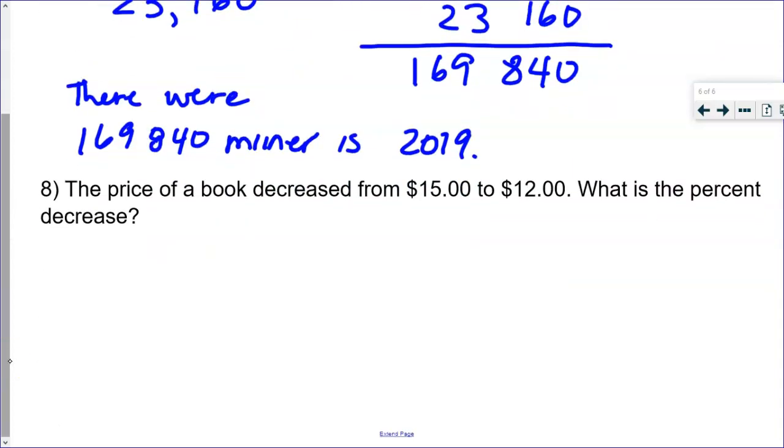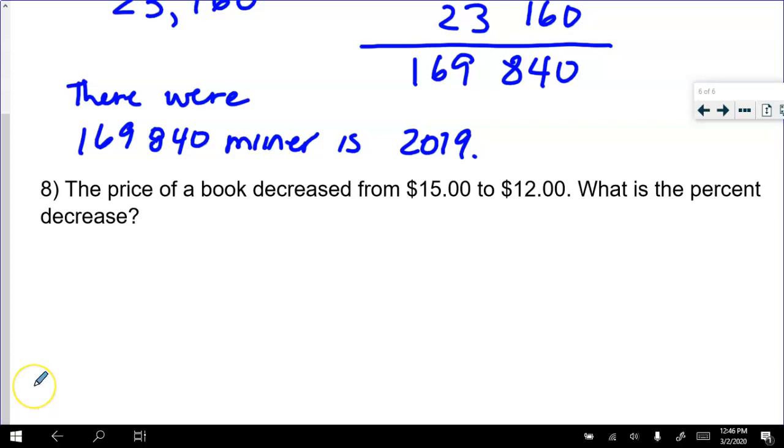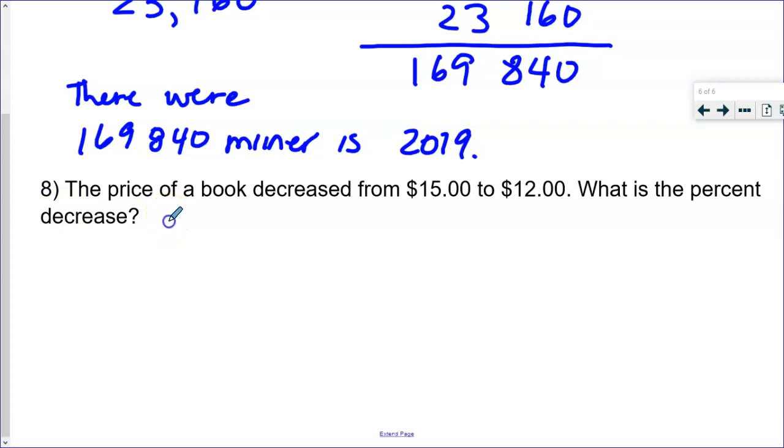The price of a book decreased from $15 to $12. Now this is our amount of change one. Okay, so we're trying to find a change here. So this is our formula again. First we'll go $15 minus $12, which gives us $3. You don't necessarily have to write this out. Just know that that's what you're putting in.